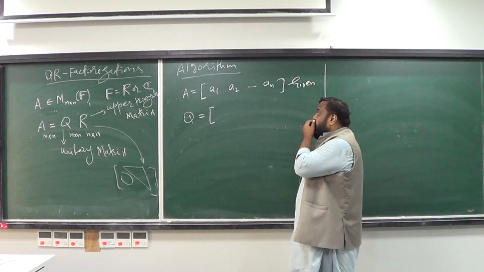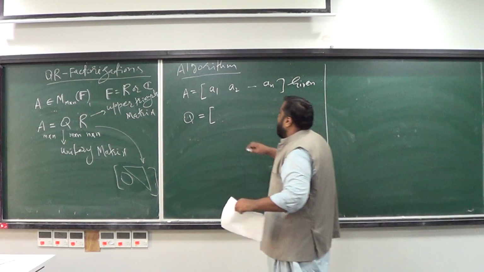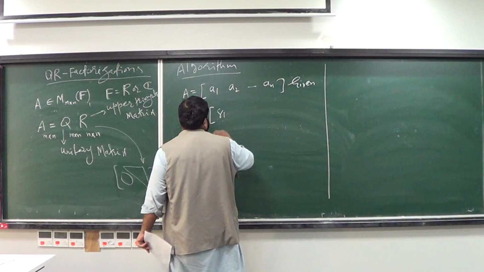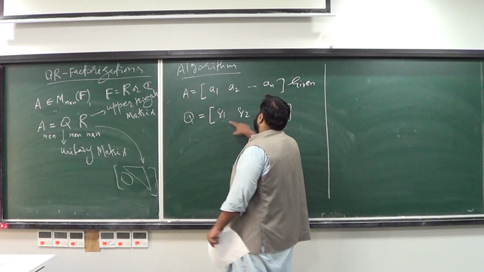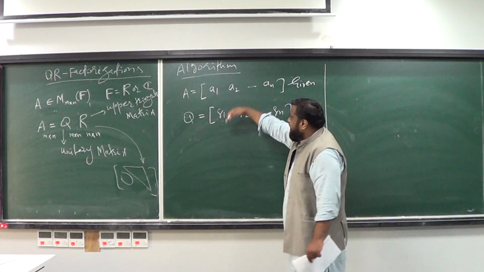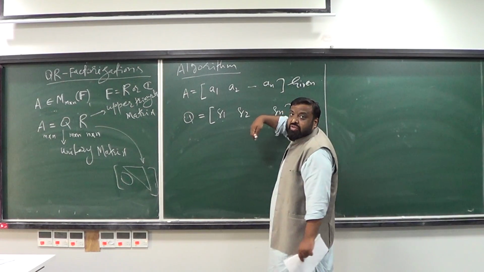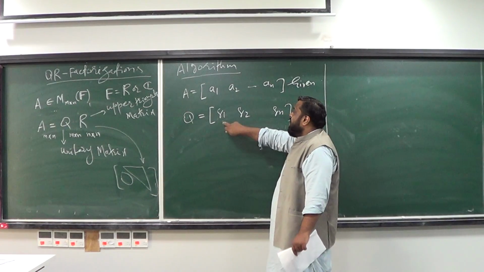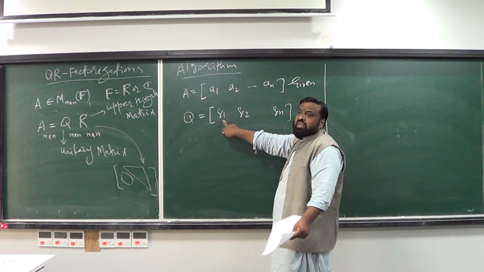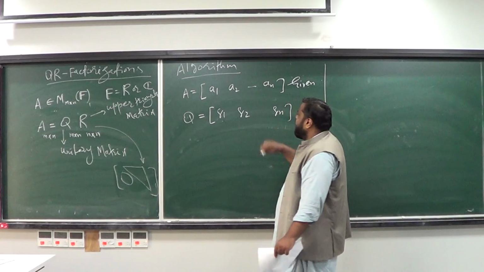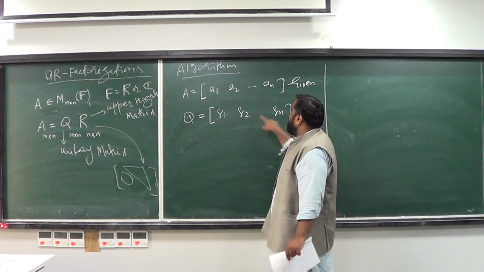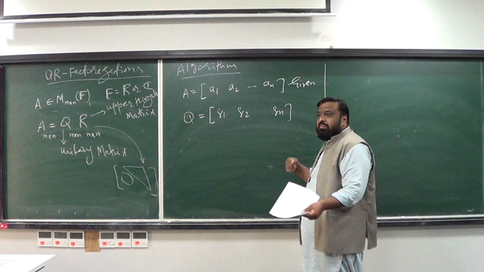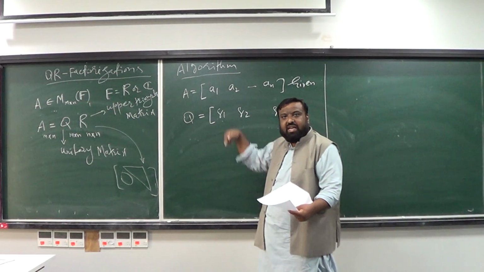Anyway, Q is the matrix that we are interested in finding, with columns Q1, Q2, up to Qn, which represent the n columns of the Q matrix, in which every column has m entries. So it's an m by n matrix. Again, these Q1, Q2, Qn are not numbers but column vectors.